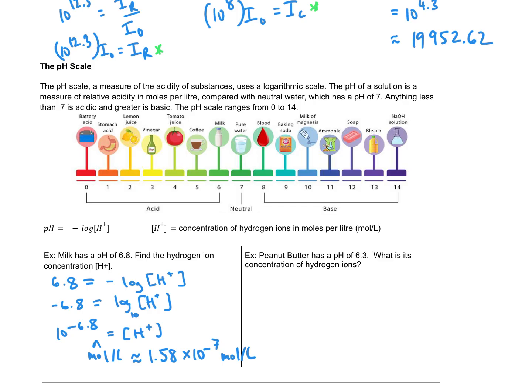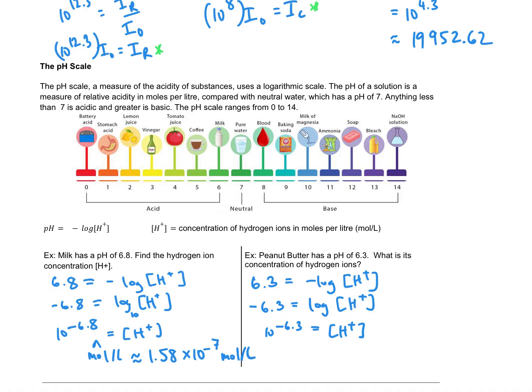All right, peanut butter has a pH of 6.3. Let's find the hydrogen ion concentration. So very similar here. Divide both sides by that -1. And then go into exponential form. You'll see with all of these applications, it's a lot of swapping back and forth between the forms.